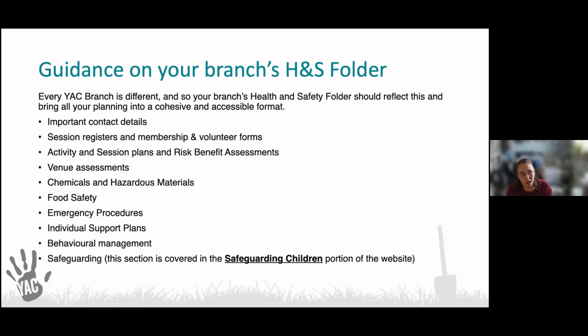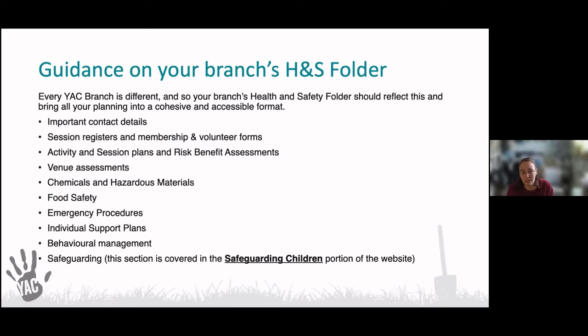So things like important contact details. The important contact details form is set up so you have ease of reach for Joe's contact details. It's somewhere that you can put each other's contact details for an emergency. It's somewhere that if you're working at someone else's venue and you need to get in touch with their maintenance team because of something requiring sorting out immediately because there's a water leak or whatever, you've got their contact details.